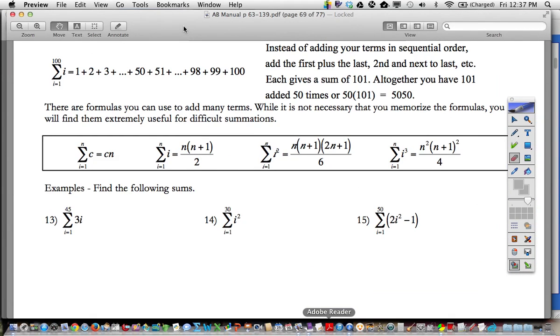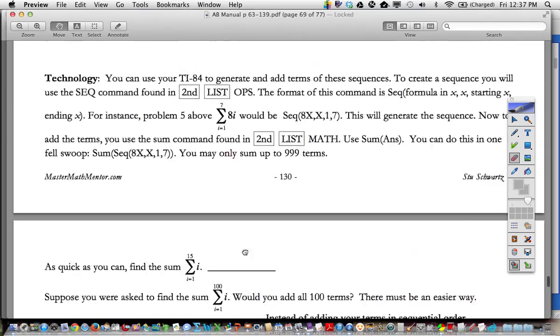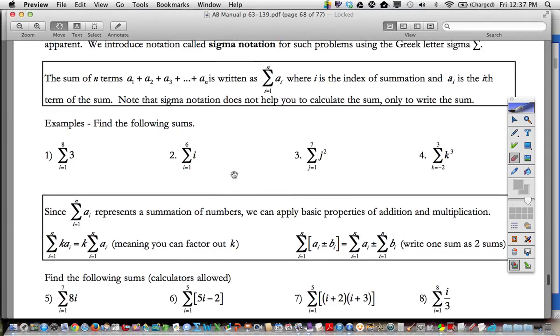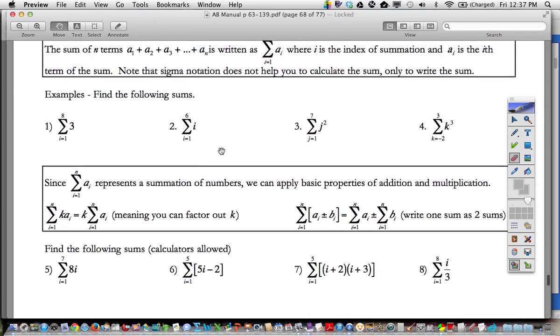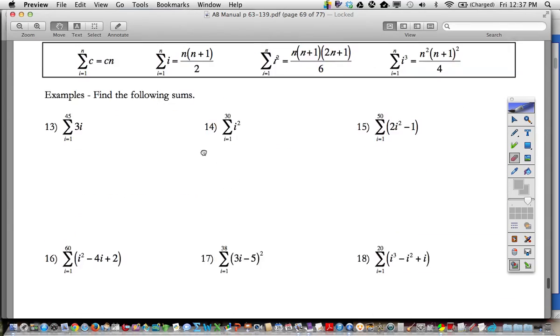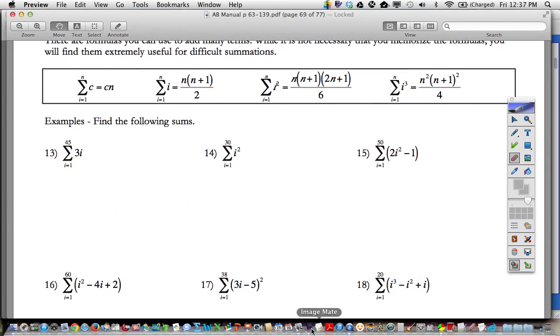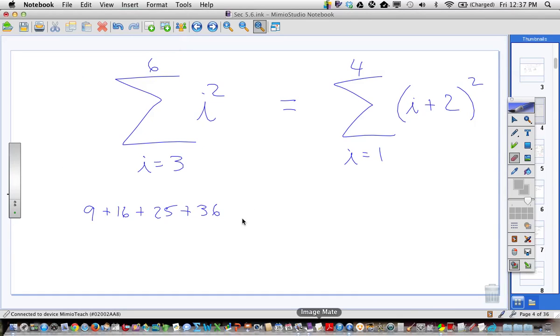So what we did is we looked at this idea of sigma notation, which just means to add up a series of terms. Here's an example.